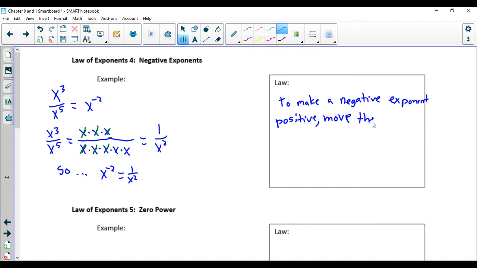We'll say move the base to the opposite part of the fraction.